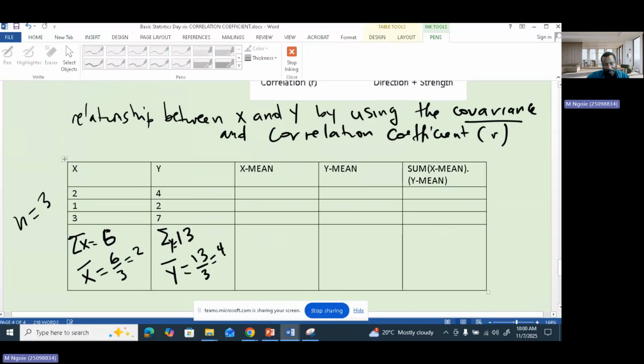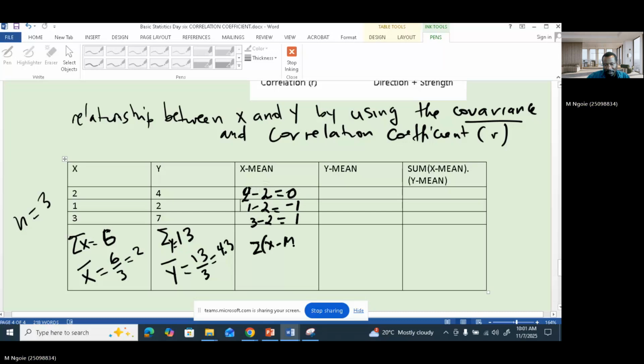That's going to be 4.3. Now here, 2 minus 2 is going to be 0. 1 minus 2 is negative 1. 3 minus 2 is 1.